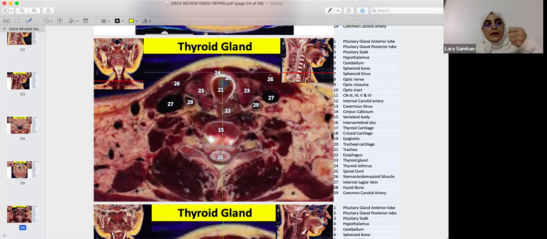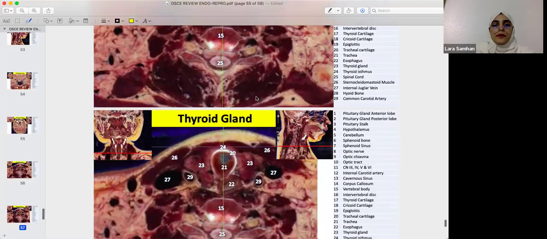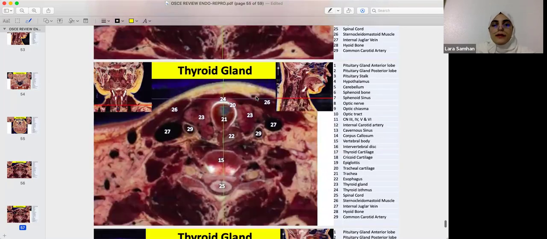The thyroid gland is going to encircle it anteriorly and from the lateral side. This is why we have the right thyroid lobe and the left thyroid lobe, and in between them is going to be the isthmus. Number 24 is the thyroid isthmus, and number 23 is the right and left thyroid lobes.